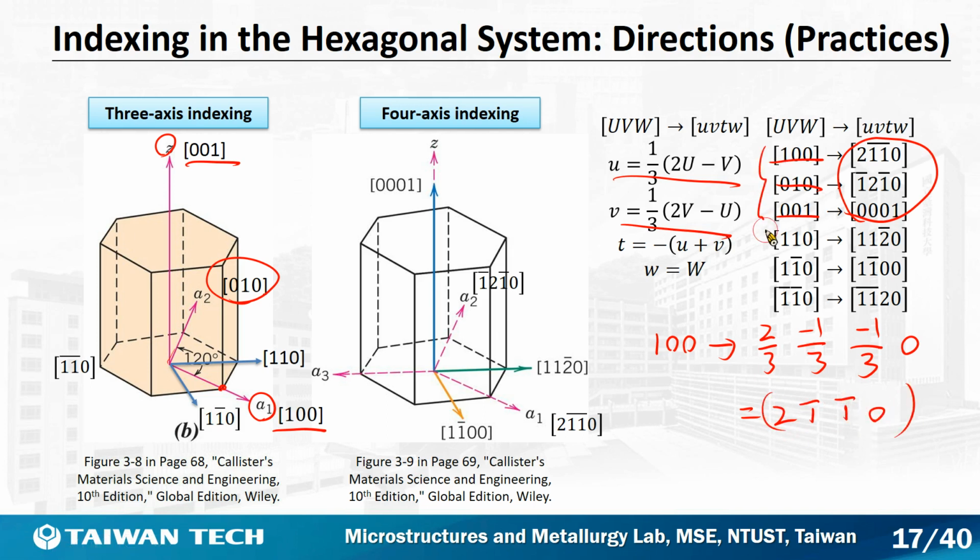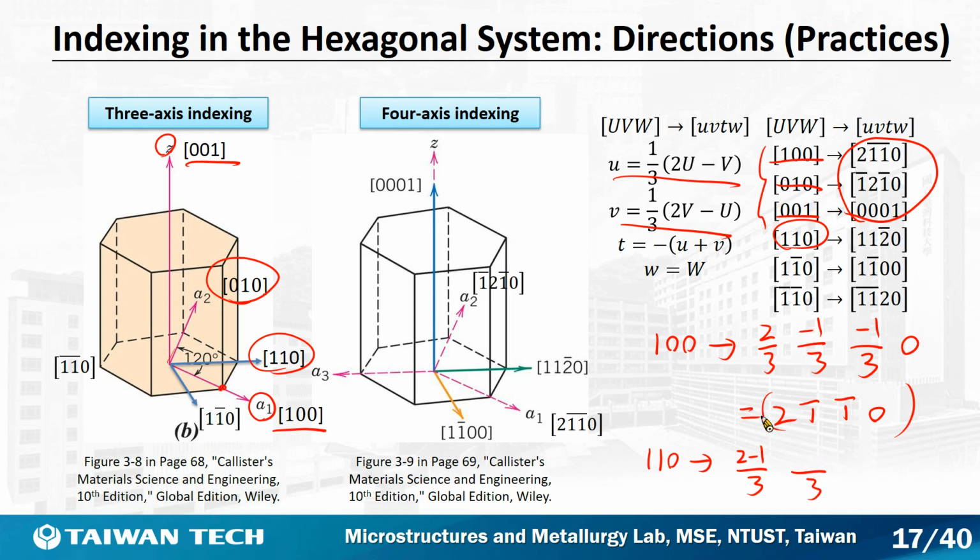Okay, I think these three are very similar. Let's try to do this one: 1, 1, 0, okay? This one is between 1, 0, 0 and 0, 1, 0. This is a vector, right? So 1, 1, 0 will become 1/3 (2u minus v), so it's 2 minus 1.